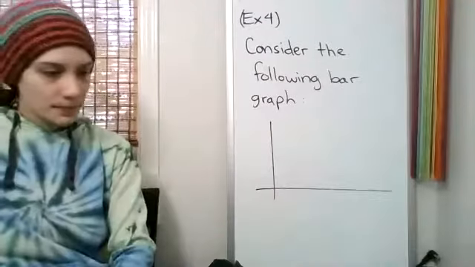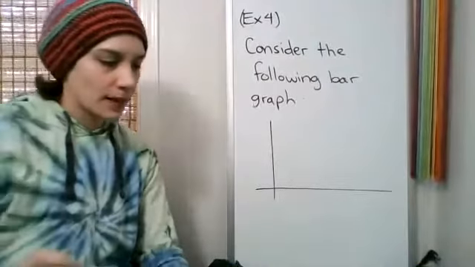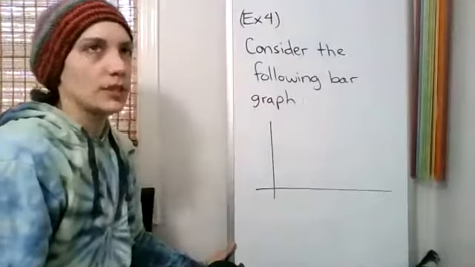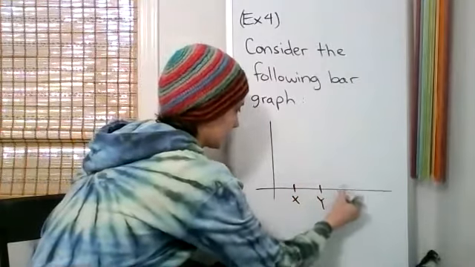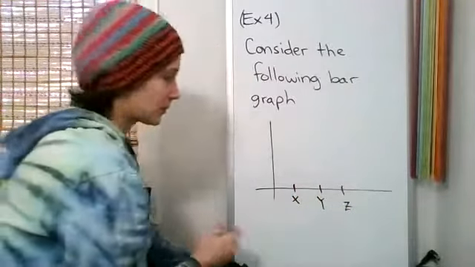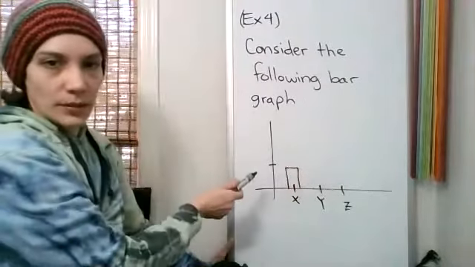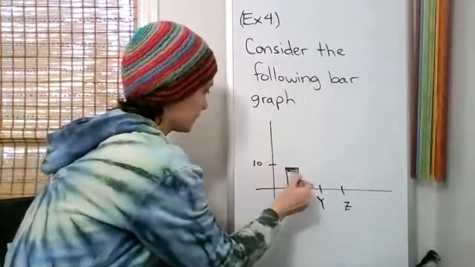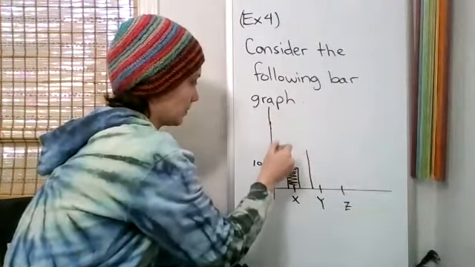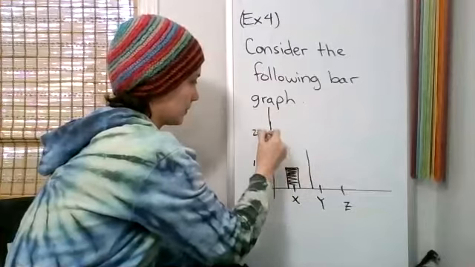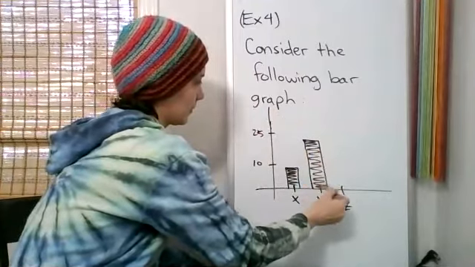Categories, I've got, let's go just letters X, Y, Z. This goes up to 10. And then up to 25. And 30.